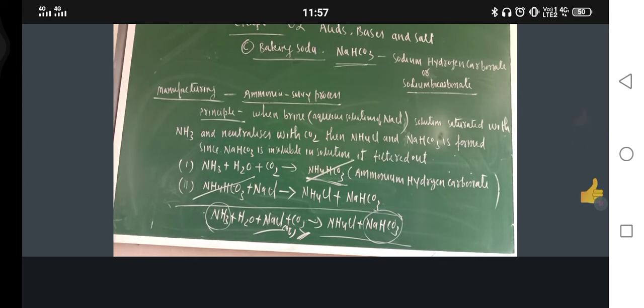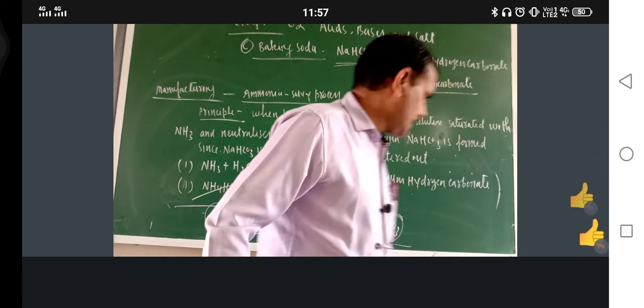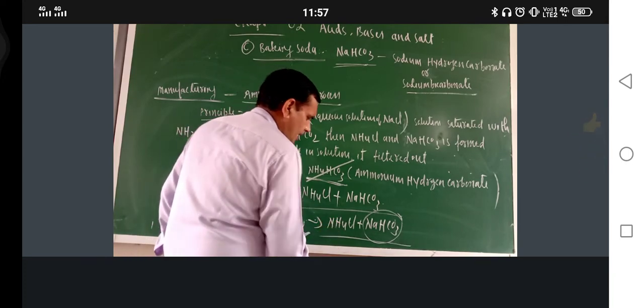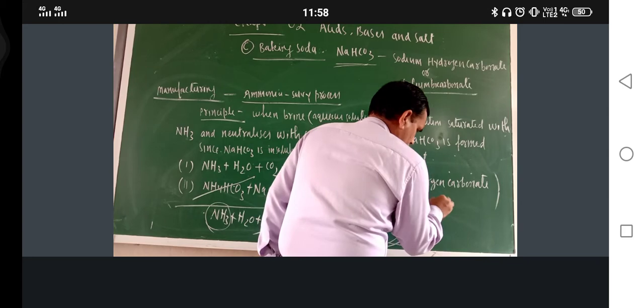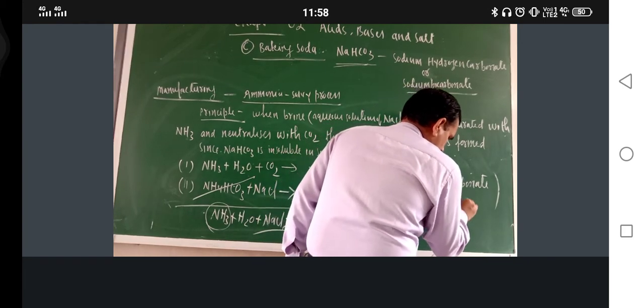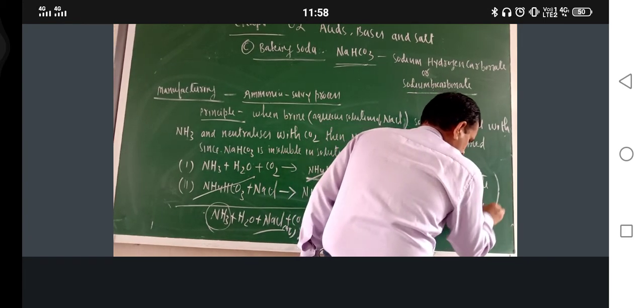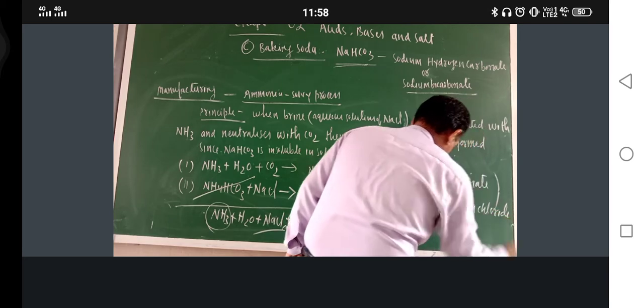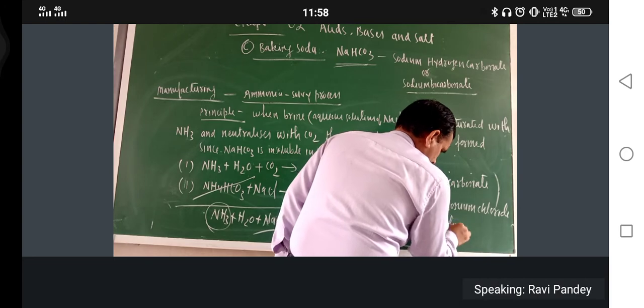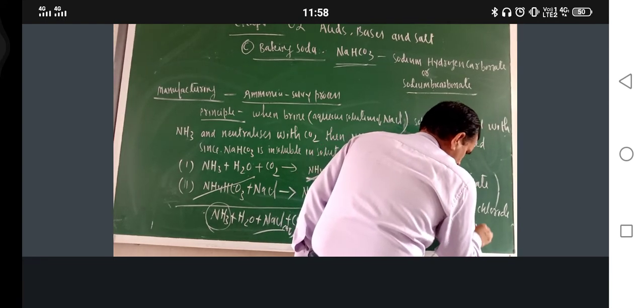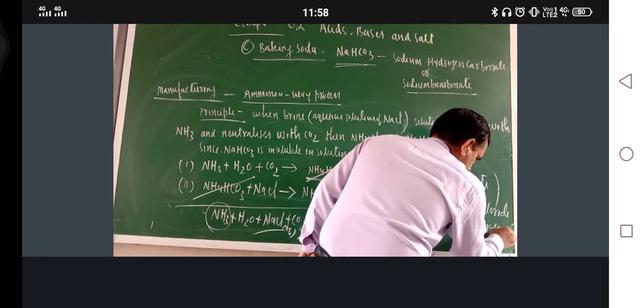Now see, in the reaction mixture two things are there. This is ammonium chloride. And what is this one? This is sodium hydrogen carbonate.